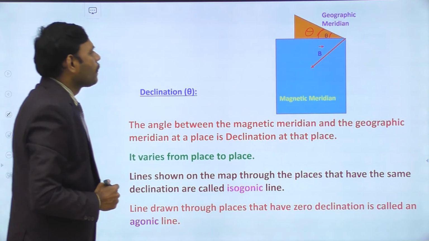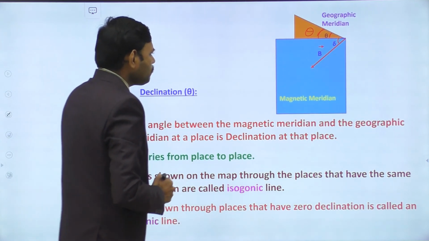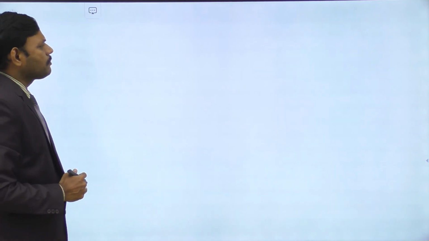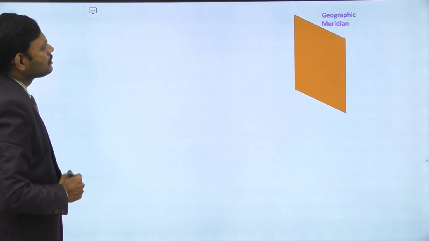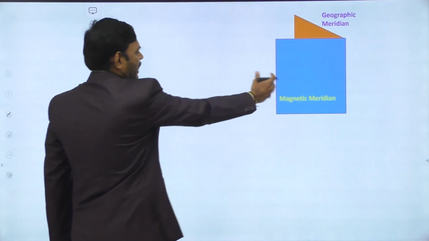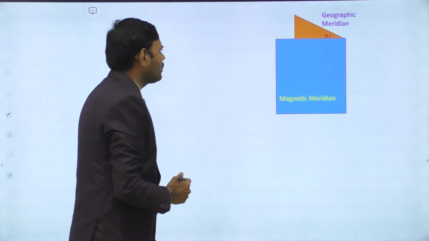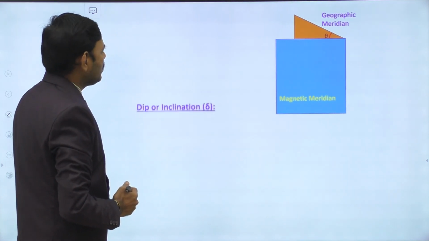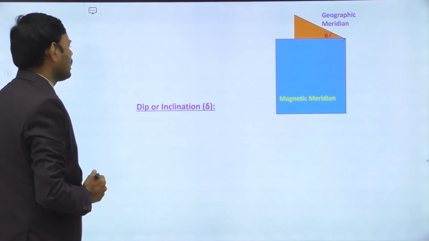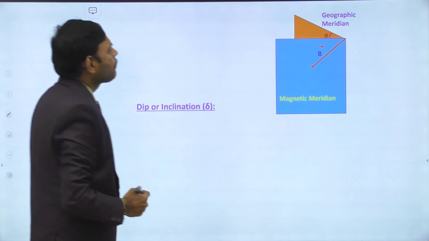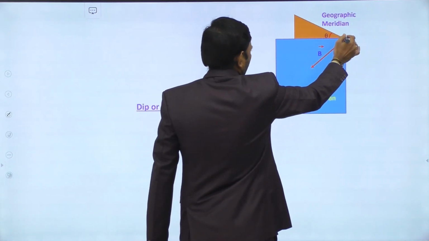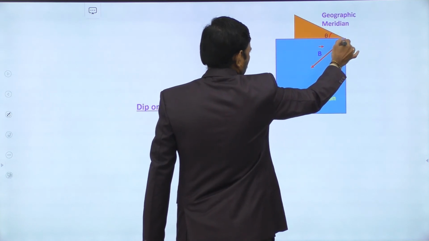Next, we would like to describe another parameter. Once again, consider this is magnetic meridian and this is geographic meridian, and this is angle theta. Dip or inclination. Here the actual magnetic field of the earth is along this direction.